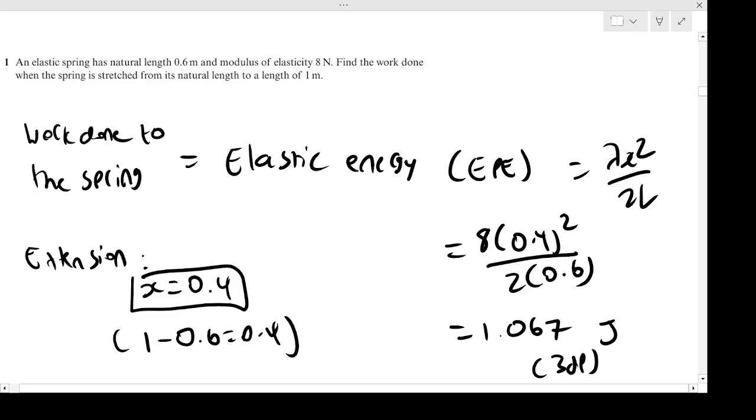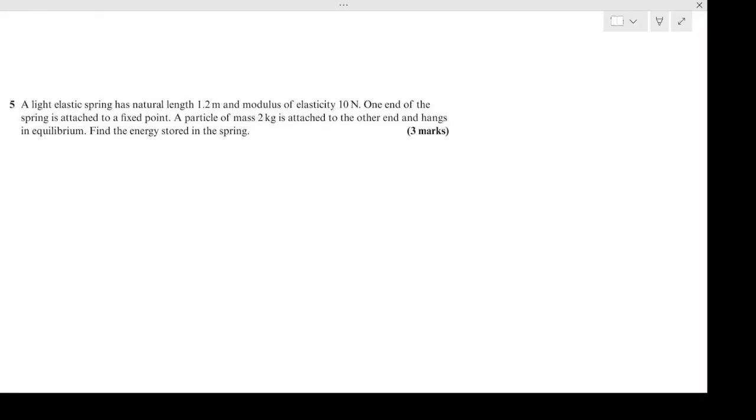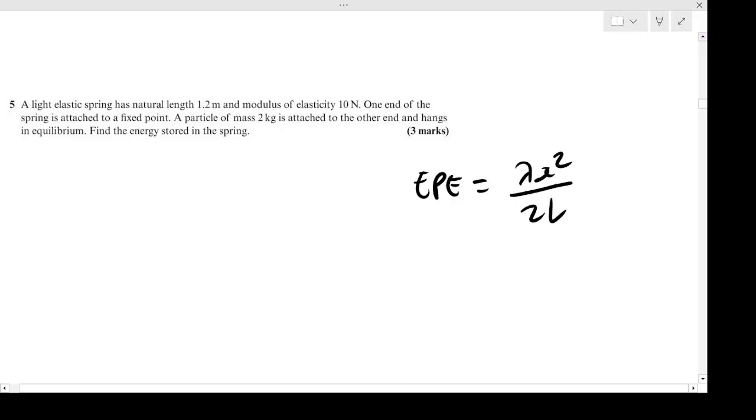Okay, cool. Now we've got this question here. So this one's going to be a bit more involved. We can't just sub numbers into the formula here, unfortunately. So again, it's still asking for the energy stored. So that's going to be the EPE, the elastic energy, which is again lambda x squared over 2L.